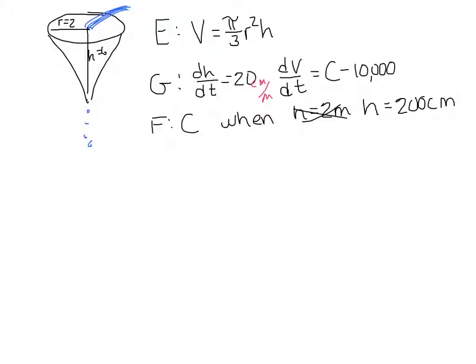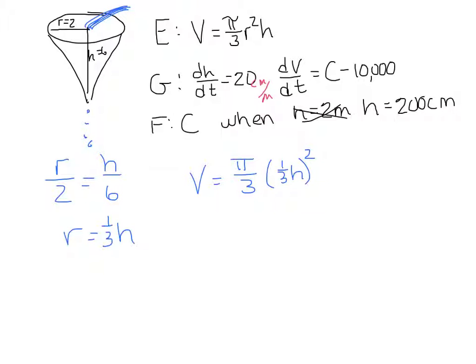Now we need to worry about a related rates equation. As with the other ones that we did, we have dH/dt, we don't have dR/dt, so we need to get R in terms of H. So from the stuff we know about our cone, R over 2 is H over 6, a proportion relating the radii to the heights, telling us that R is 1/3 H. So I can come back here and say that volume is pi over 3 times R squared times H, and instead of R, we'll use H over 3 squared, times H. So volume is pi over 3 times H squared over 9 times H. Or how about we just go with pi H cubed over 27.